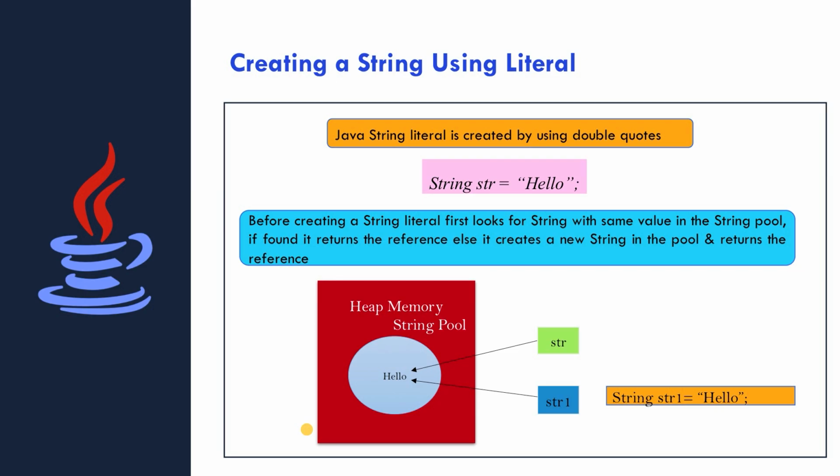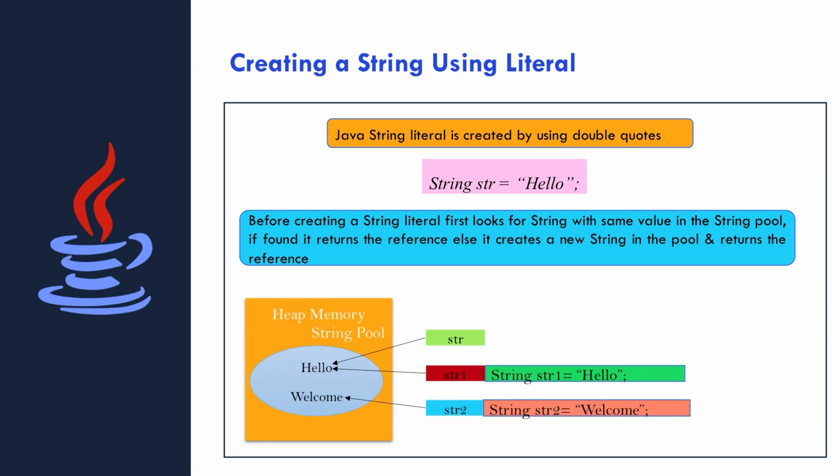For example, if I write String str1 = "hello", it means that str1 also points to the same string. So literals are created only once. In the same way, when I say String str2 = "welcome", welcome is not there in the string pool, so a new string welcome will be created to which str2 will point.